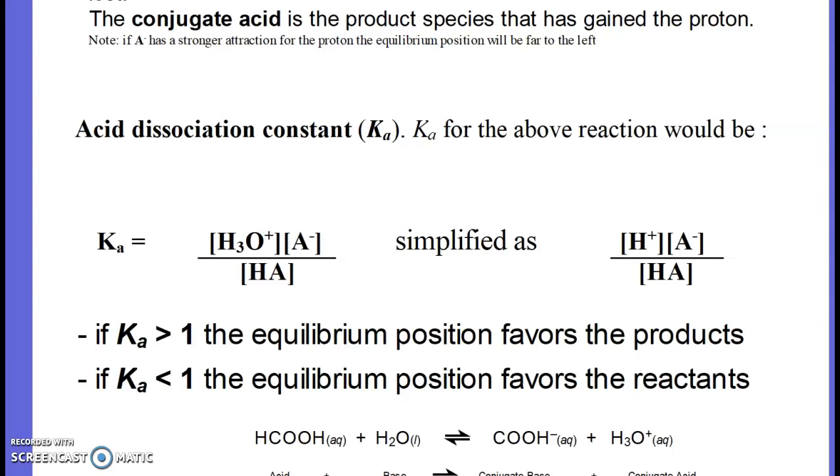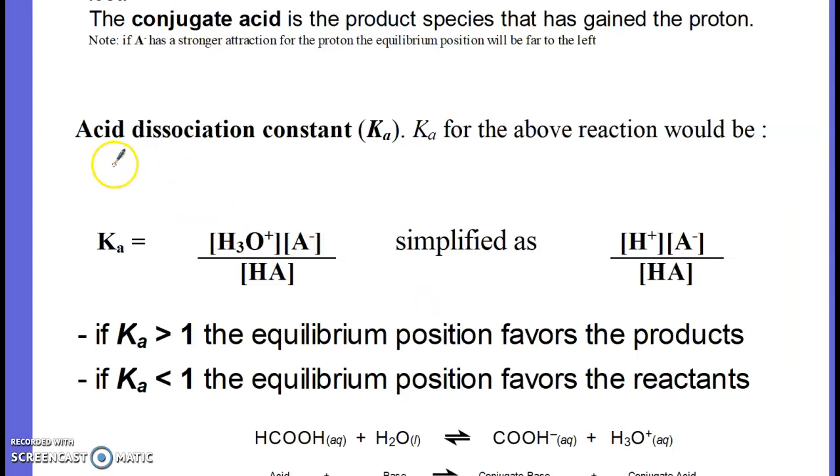So this is the acid constant. You can also have a base constant, looking at the concentration of the base, and they're actually opposites of each other.